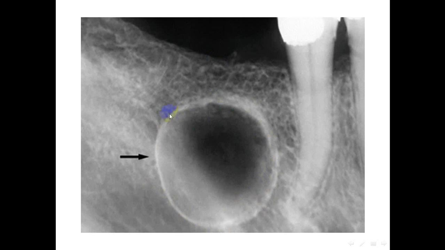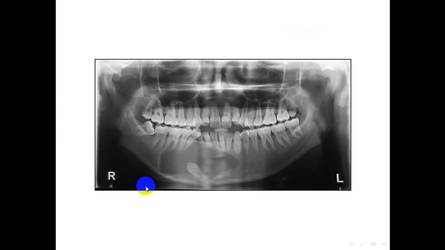And we see that this cyst has had a long period due to the formation of an enhanced margin of the cyst. You can see clearly that the border is very radiopaque, and that means that this cyst took more time to grow.